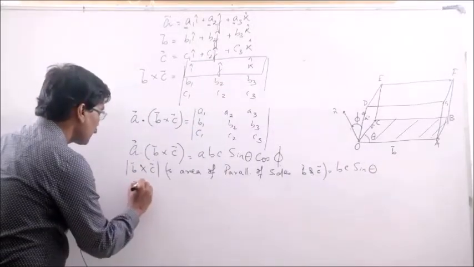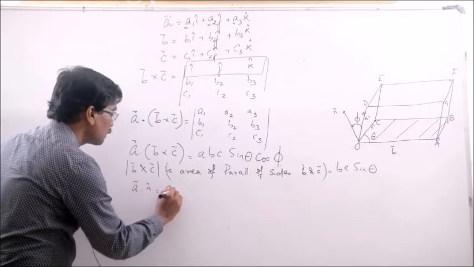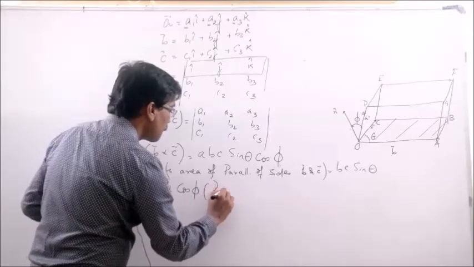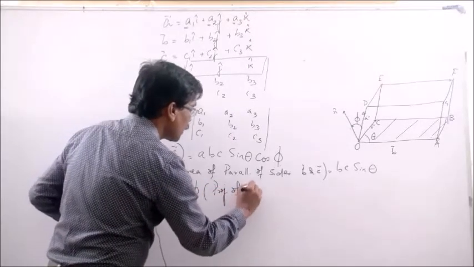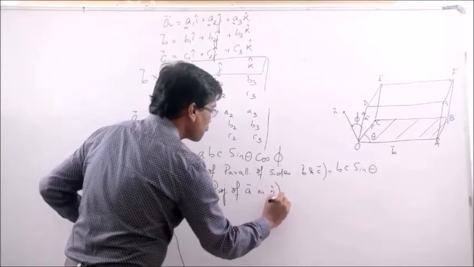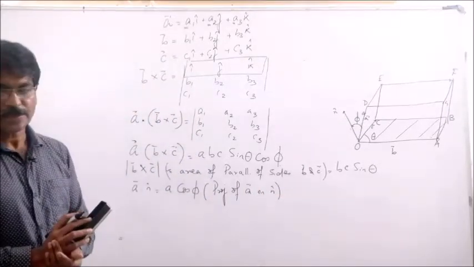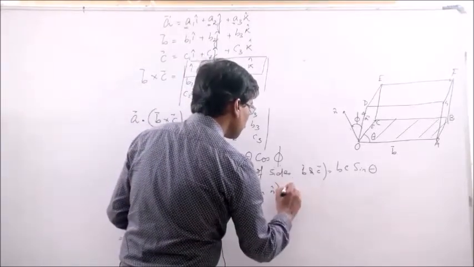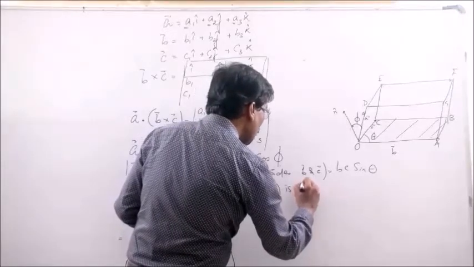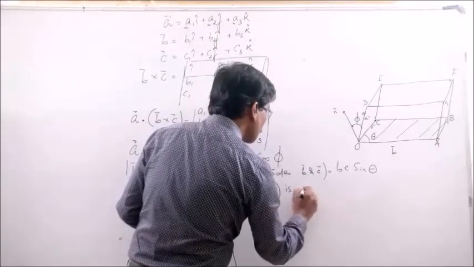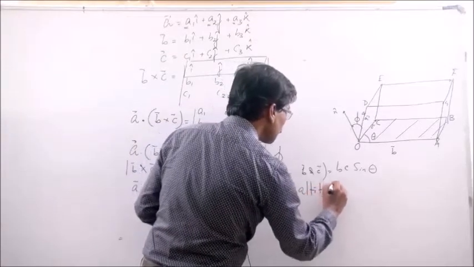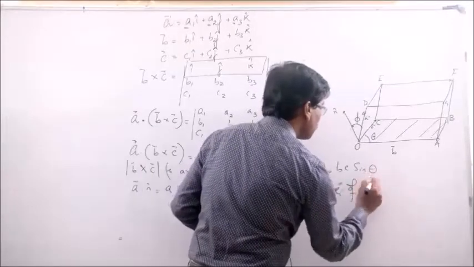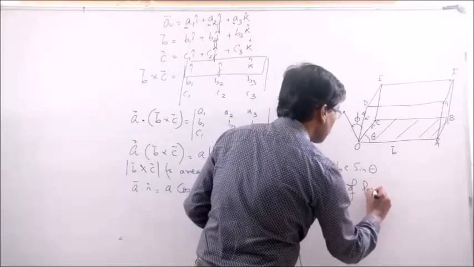Now A dot n cap is equal to A cos phi, which is the projection of A vector on n cap, which is perpendicular, which is the altitude of the parallelepiped.